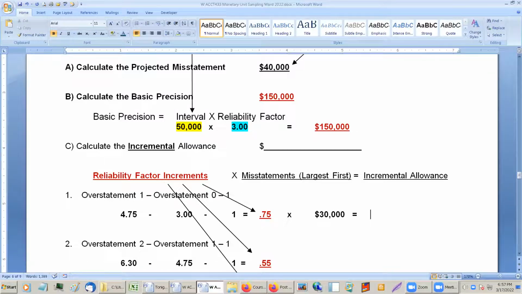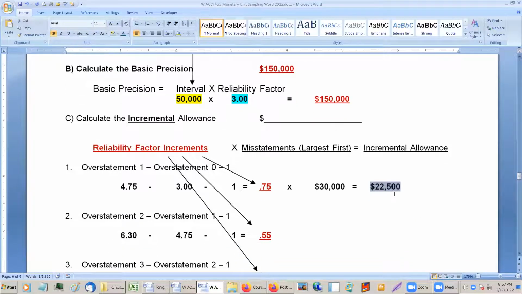Because we have this misstatement, it's more likely that the whole thing will be misstated. So take say 0.75 times 30,000, which I think is 22,500. You want to check that? You're right. Okay, good.